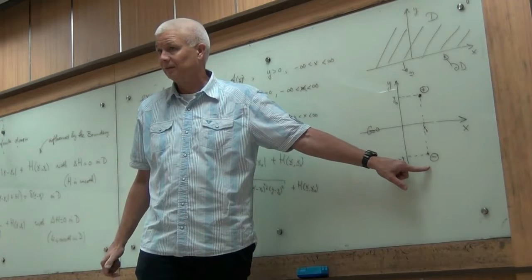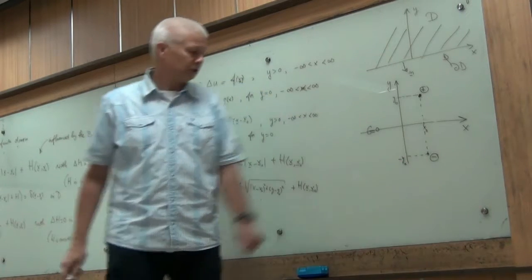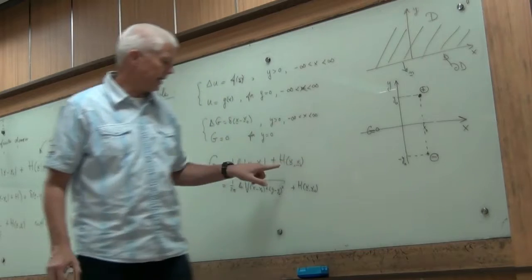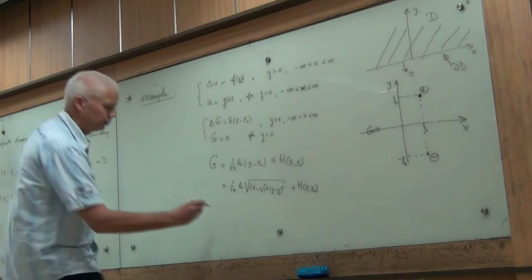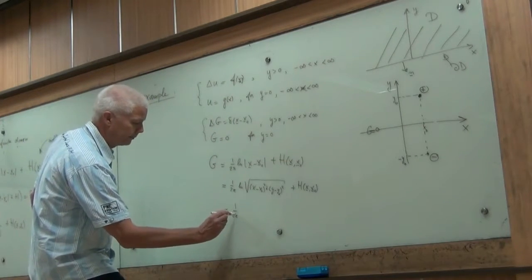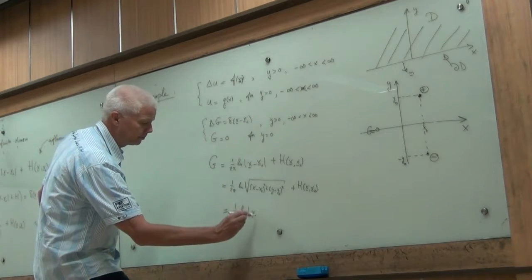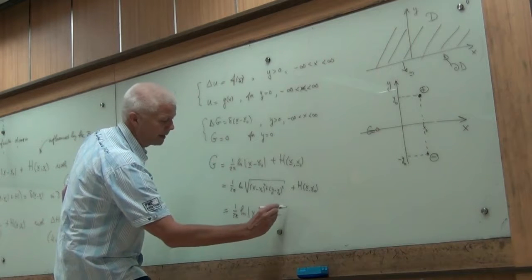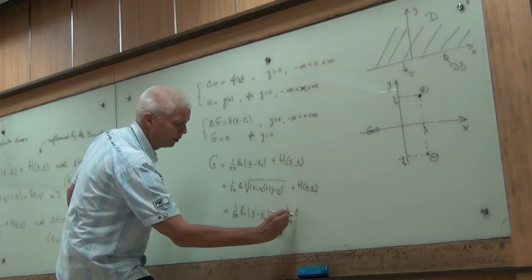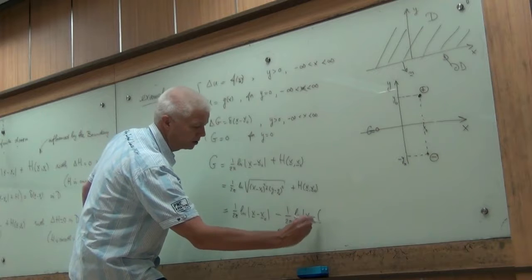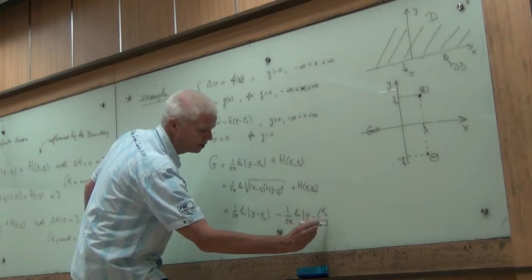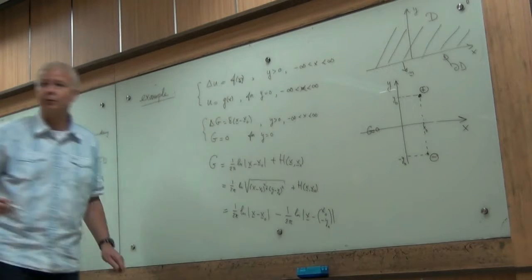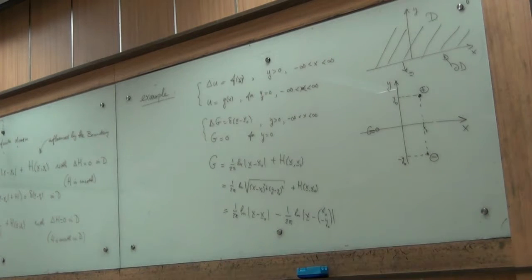Simple. So my function h, what I should choose here, should be equal to minus 1 over 2 pi logarithm of x minus the reflected point. Here I have my Green's function.